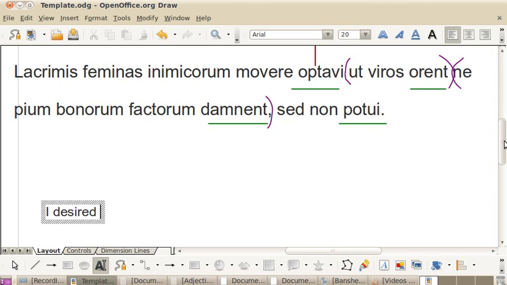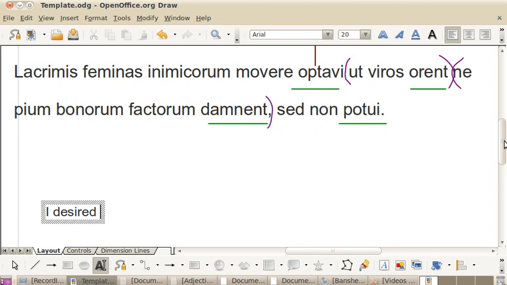So the verb optavi is transitive, which means it should have a direct object. I could desire a car. I could desire some ice cream. But another thing about this verb in Latin is frequently its verbal action can oftentimes be completed by an infinitive called a complementary infinitive, an infinitive that completes the verbal idea.